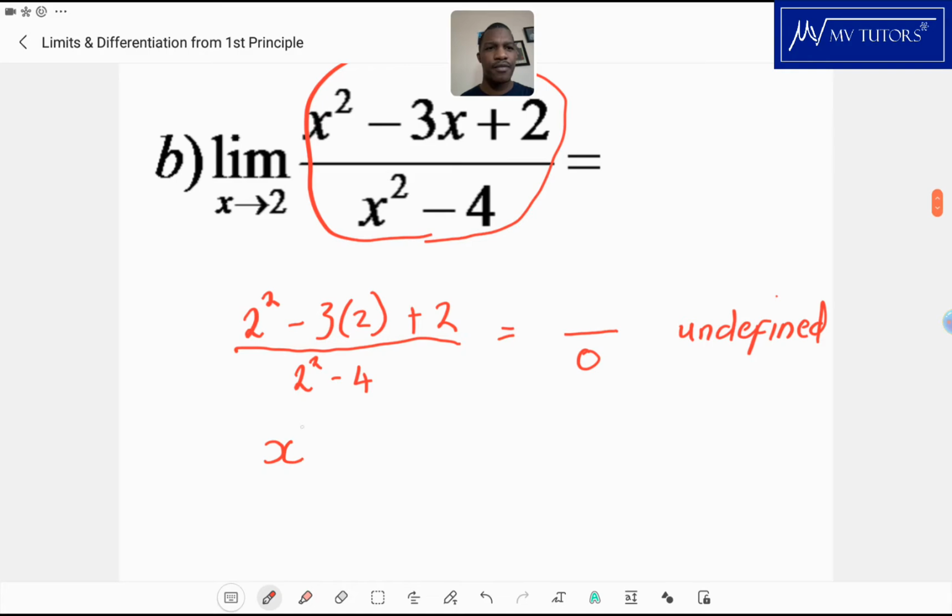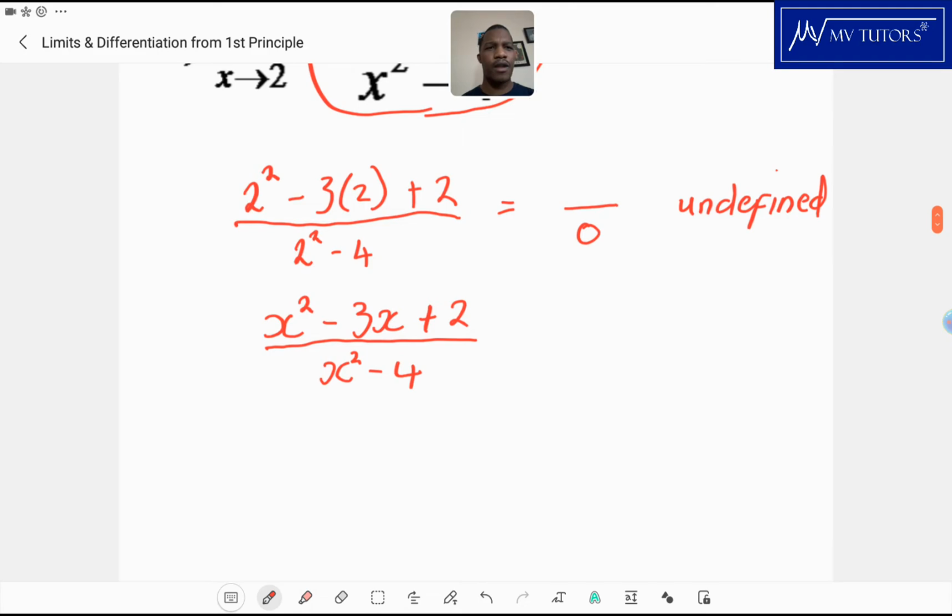Now let's take that equation once again. We have x squared minus 3x plus 2 divided by x squared minus 4. In manipulating this, let's start with the top one. We have to factorize this. When you're factorizing, you open 2 brackets and put an x there.